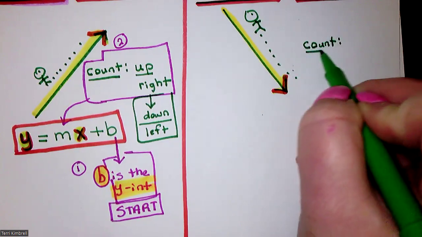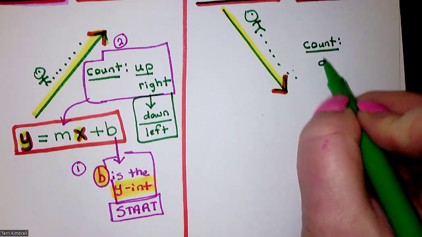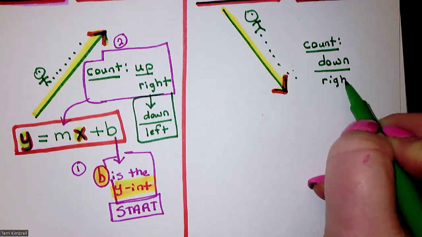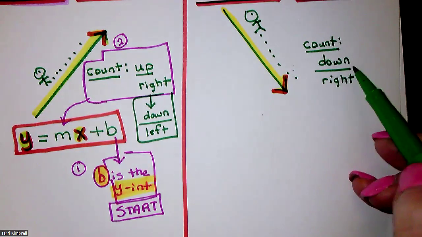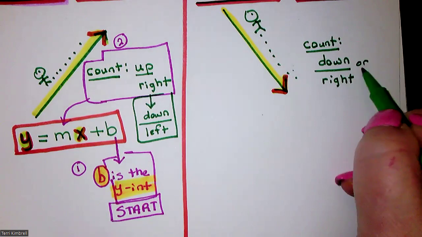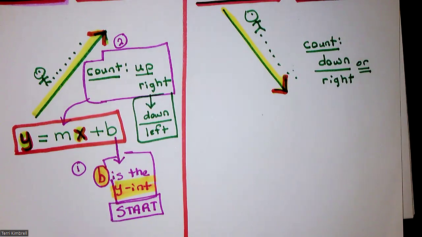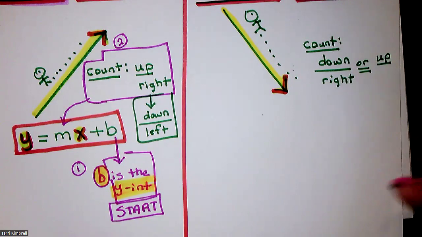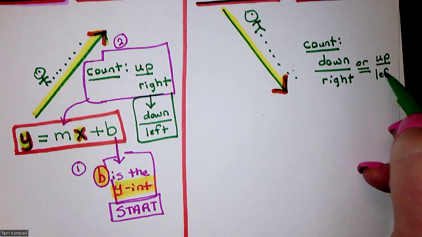So when you count, you want the line to go down. So you're going to go down and then right. So always think down first because it's going down. Then you can always do the opposite of that. The opposite of down is up, and the opposite of right would be left.